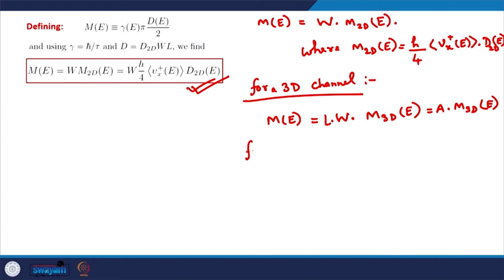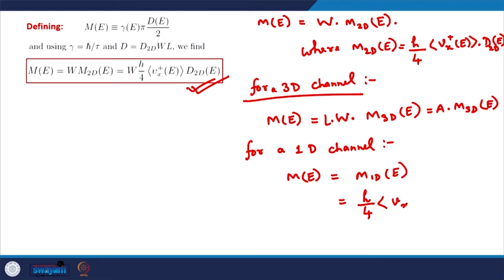And for a 1D channel, the total number of modes in the channel would be just M1D(E), and that will be h by 4 times Vx plus (E) times D1D(E), where D is essentially equal to g1D(E), the density of states in a one dimensional channel.